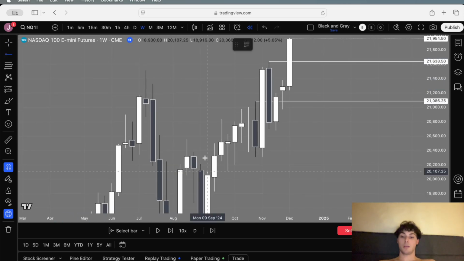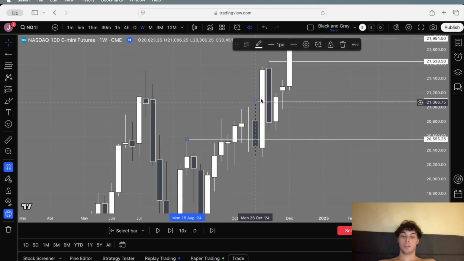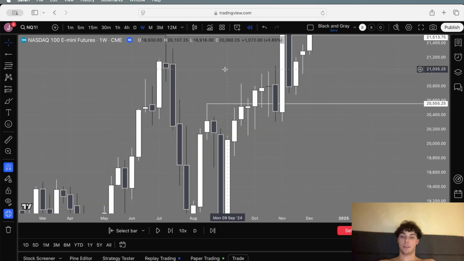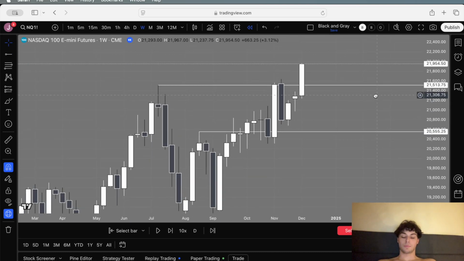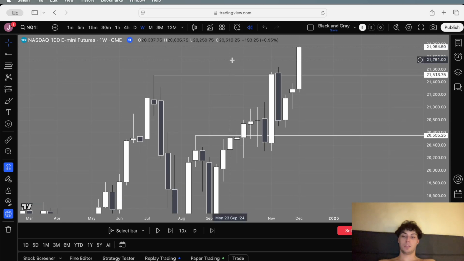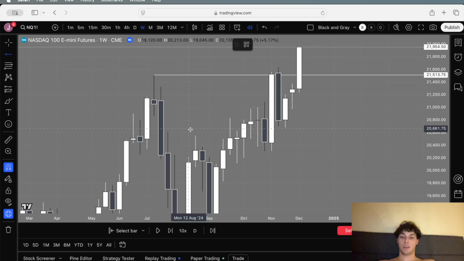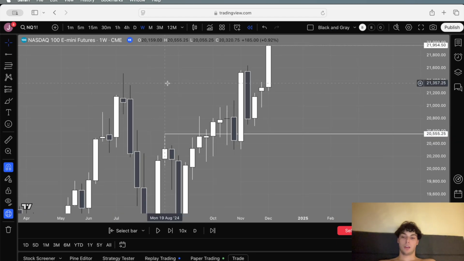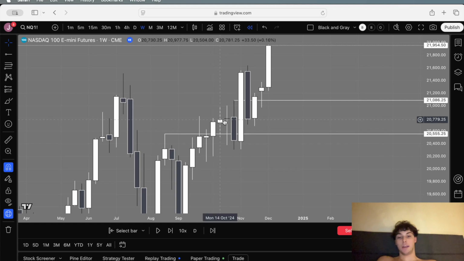We have a high. What do we have right here? We have a high. What is price doing? We have a high right here. New high gets made right here. Get rid of this high. We have a high right here. A new high gets made right here. Yes, it breaks structure right here, but a new high gets made.